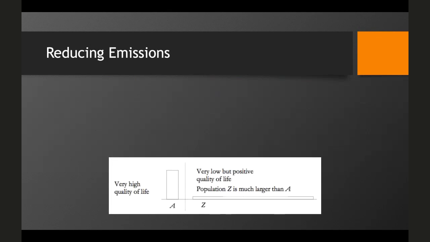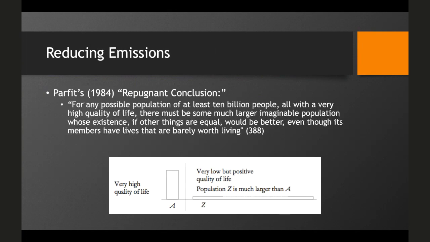And we can also think about Parfit's repugnant conclusion. Is it actually bad to limit existence, the number of people that exist? In Reasons and Persons, Parfit writes that for any possible population of at least 10 billion people, all with a very high quality of life, there must be some larger imaginable population whose existence, if all other things are equal, would be better even though its members have lives barely worth living.